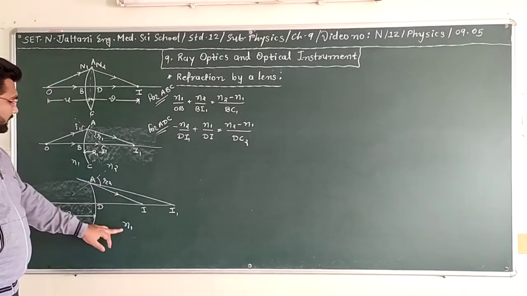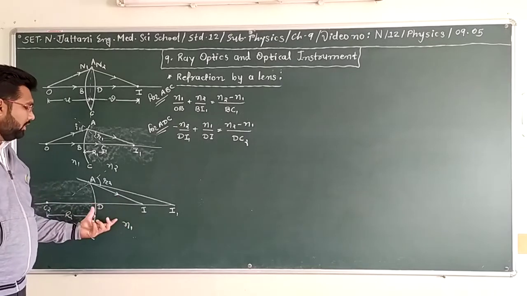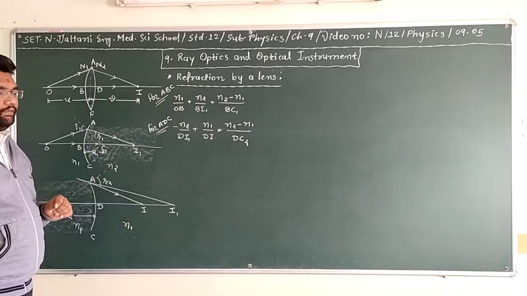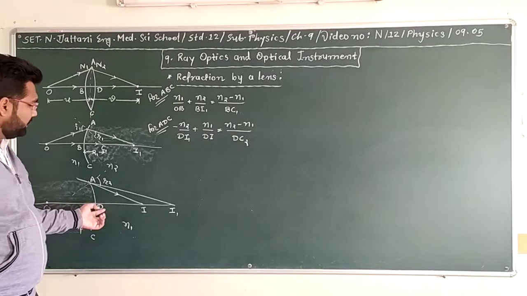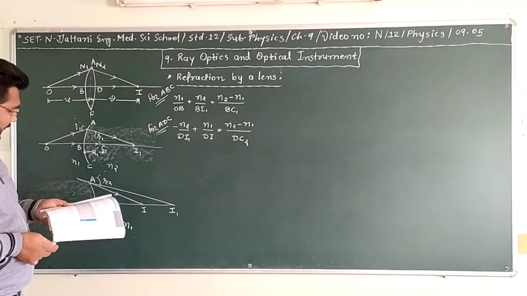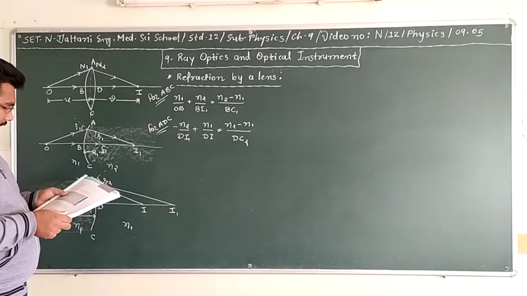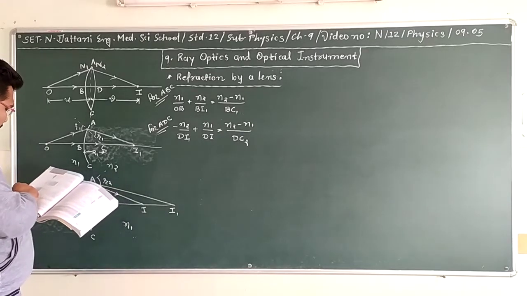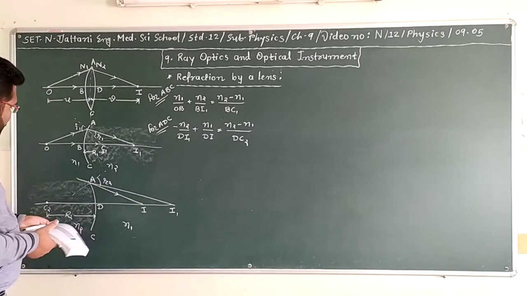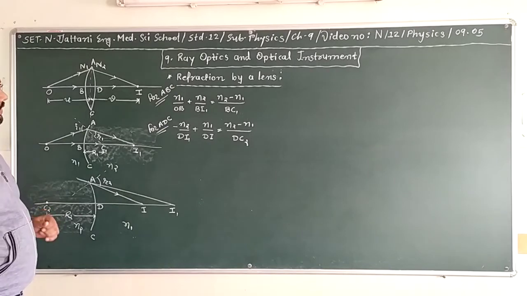The image is formed on the same side, so DI is our image distance, and the radius of curvature DC2 is equal to R2.